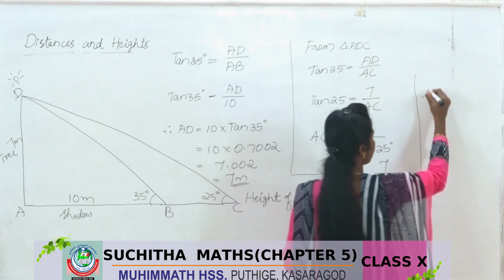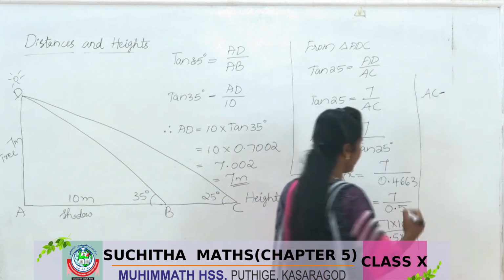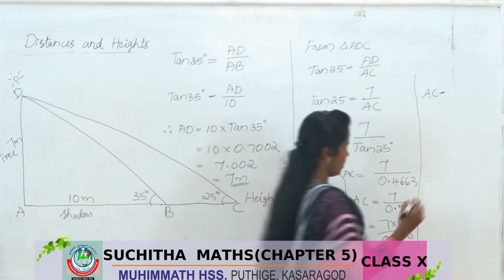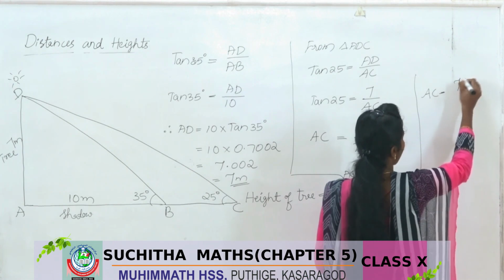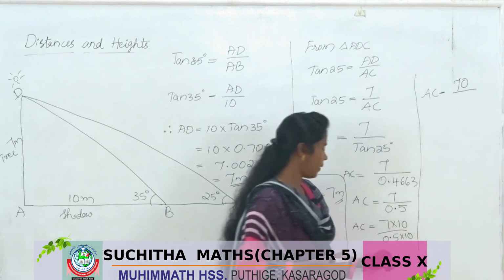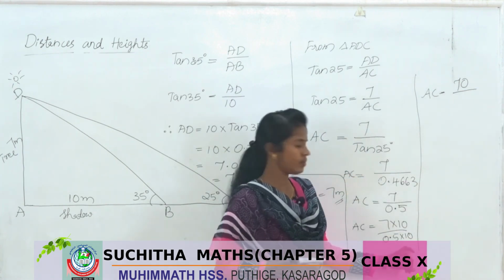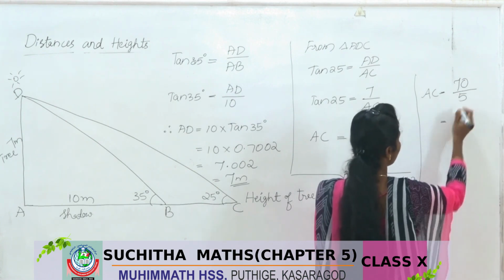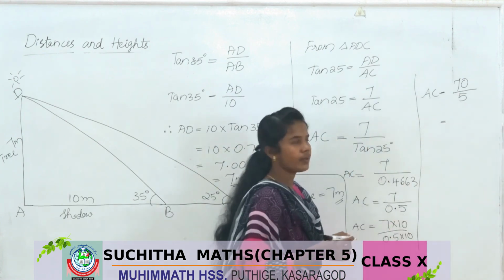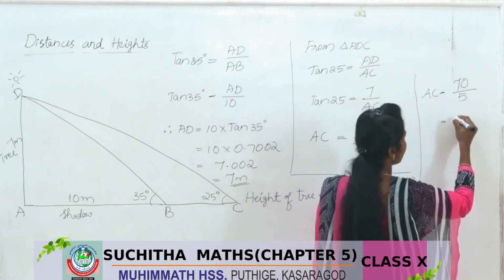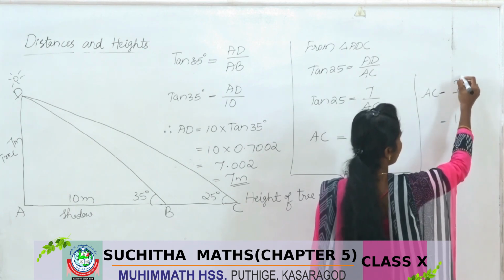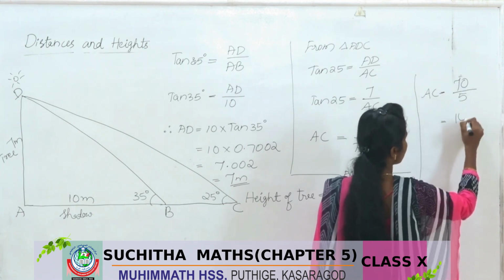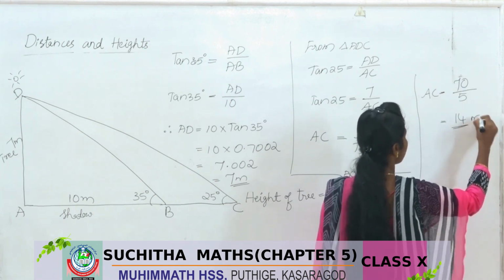That is AC equals 7 into 10 is 70, divided by 0.5 into 10 is 5, equals 70 by 5: 5 ones are 5, 5 fours are 20. So 14 meter.